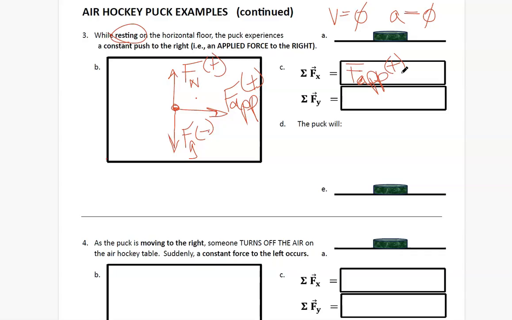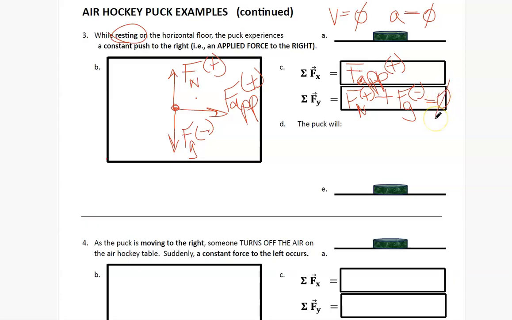Our vertical forces, as always in these cases, are a normal force pointing up and a weight force pointing down. And we know that the puck is not levitating up into the air. It's not crashing through the ground and going towards the center of the earth.